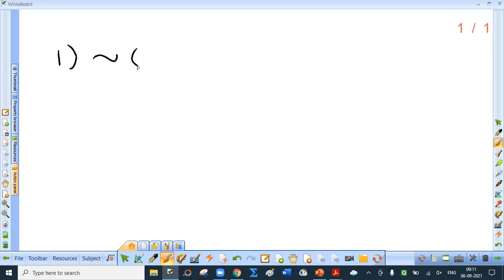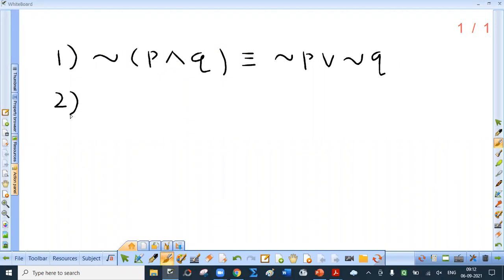The first one, negation of conjunction is disjunction of negations. I repeat, the negation of conjunction of two statements is the disjunction of their negations. Let me list the negations first, then we will verify.